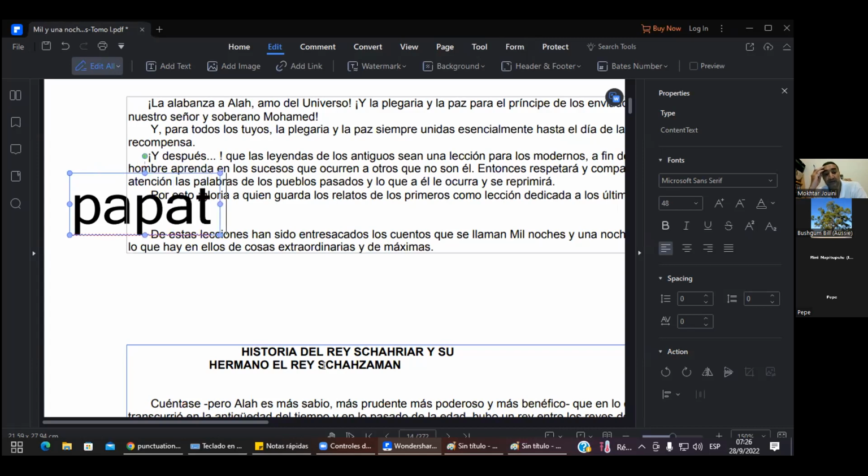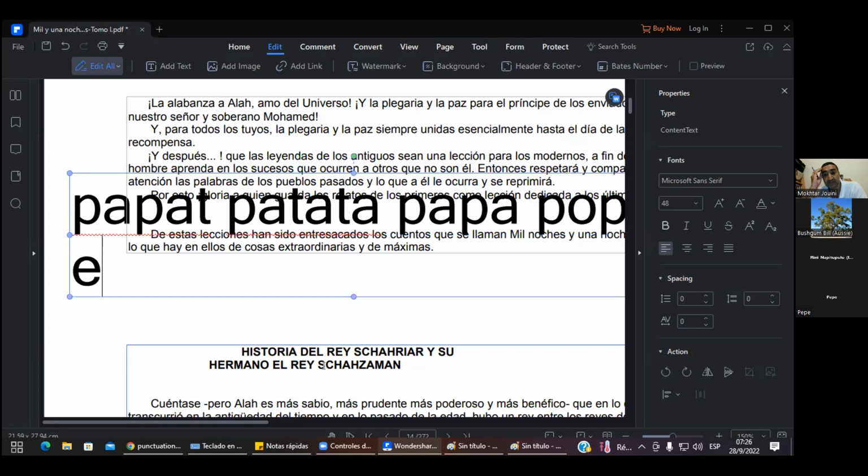That's why we call it patata in Spanish. But in America, because it's papa, we call it papa, like father, and like the Pope. El Papa is the Pope, in Rome, and la papa to eat.